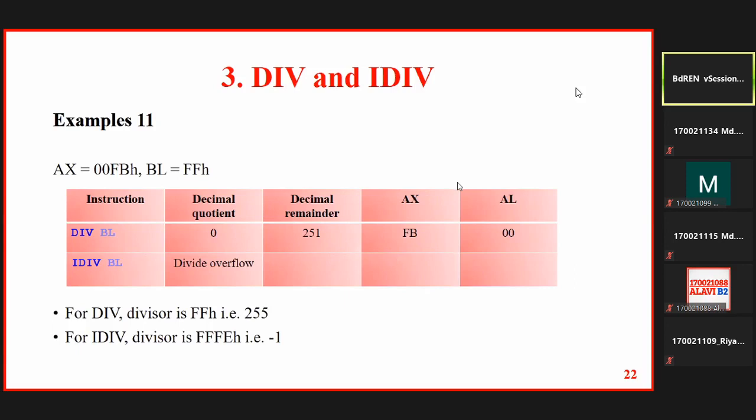Okay, 92, Sakib, are you there? 92. Then 138, Sakib. Sakib, are you there? 138. Okay, let me put it open to all. So is there anyone who wants to explain just why it is getting overflow?